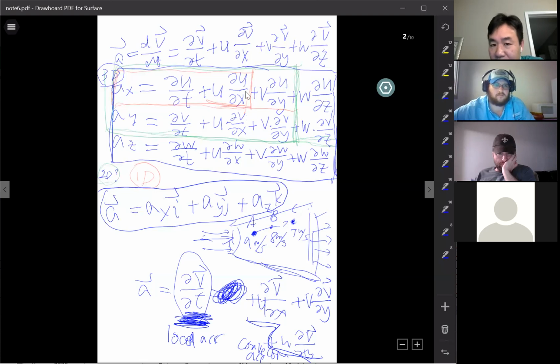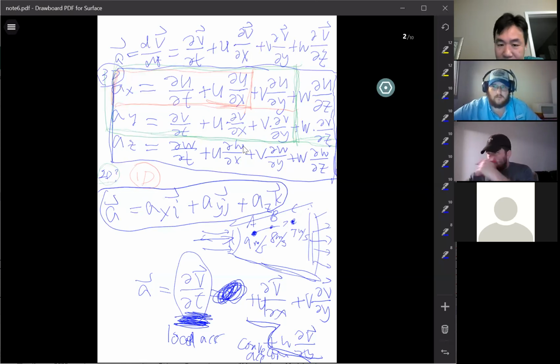You have partial u, partial x, and so on. After you take all the derivatives, then you can substitute the coordinates x, y, z, and t to find the exact value of acceleration at that particular coordinate x, y, z, and at the particular time t. That makes sense. That's a process.